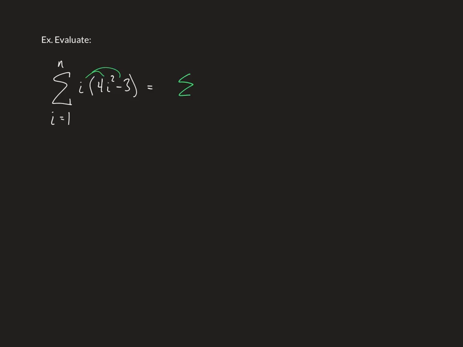So I'm going to rewrite this as the sum from i equals 1 to n of 4i cubed minus 3i. And that's my first step here.